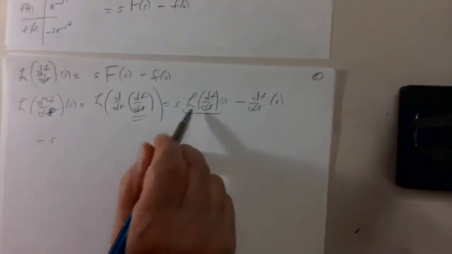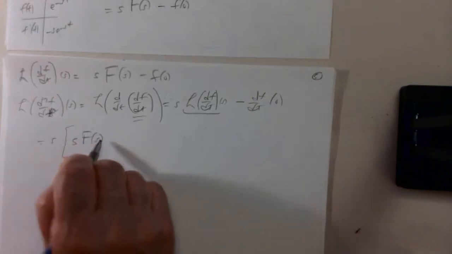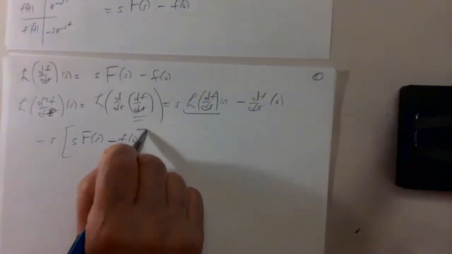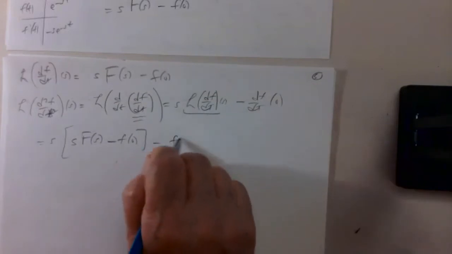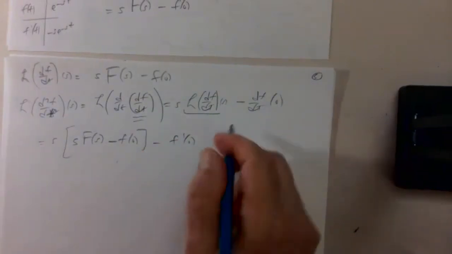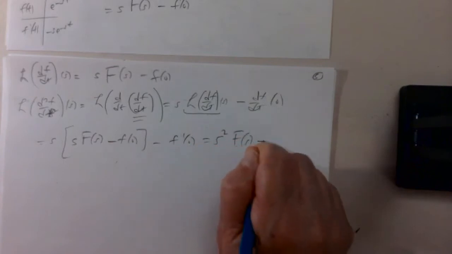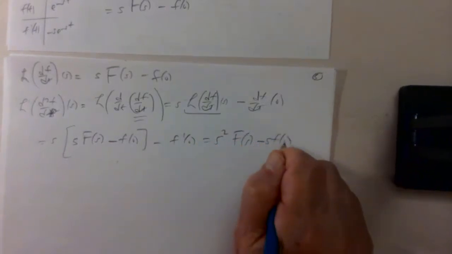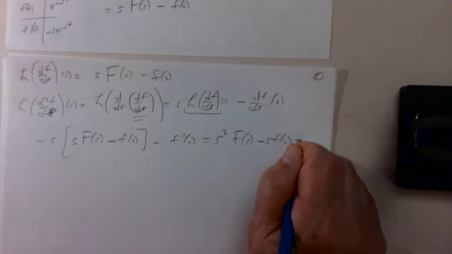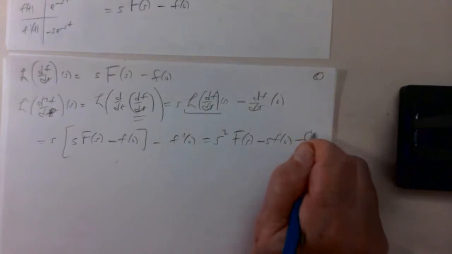And the Laplace transform of df dt is F of s minus f of 0. So what we get is s squared F of s minus s f of 0 minus f prime of 0.